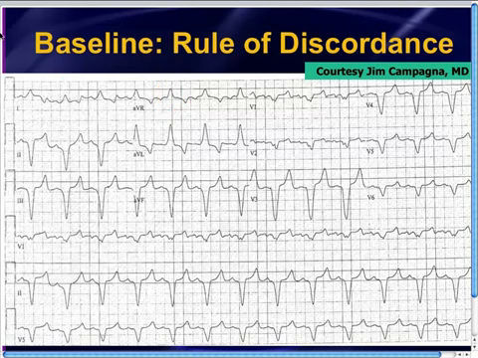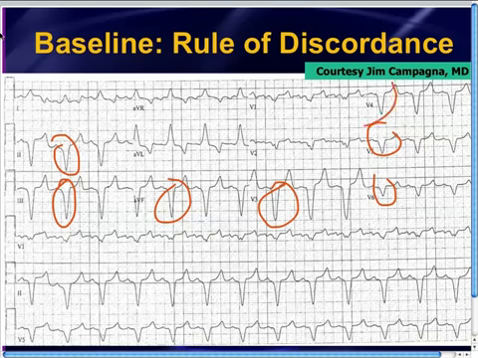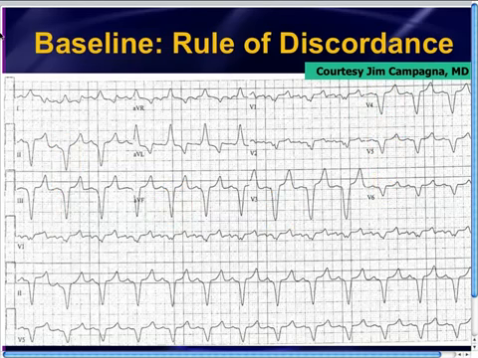Every time the QRS mainly points downwards, and there's a whole bunch of leads here in this pacemaker where the QRS mainly points downwards, you should expect to see just a little bit of ST segment elevation, or isoelectric as well. And that is what we refer to as the rule of appropriate discordance, and that should hold true in every one of the 12 leads on this EKG.